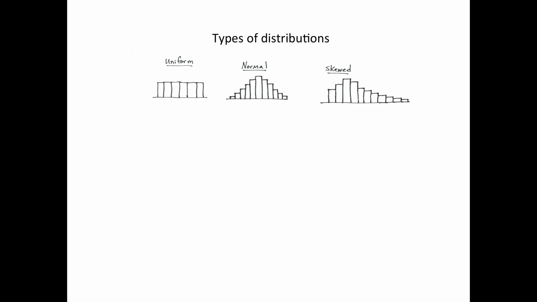If all of the bars are about the same, then that's uniform. When it starts off small, it's biggest in the middle, and then it's symmetric, then that's normal. And skewed is when it goes up fast and then comes down slower. This is actually called skewed to the right. The values off to the right are smaller.